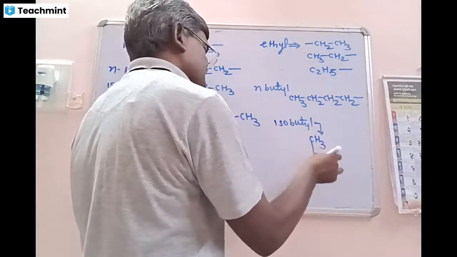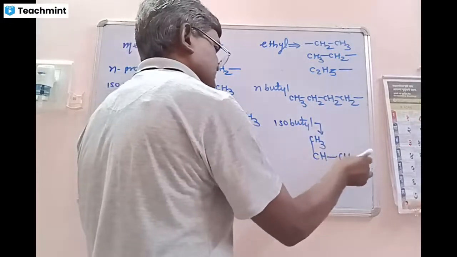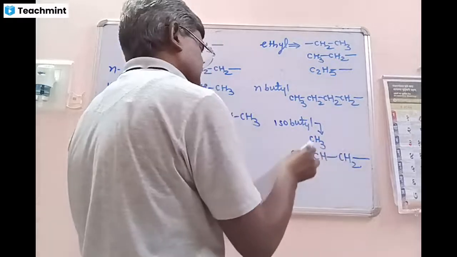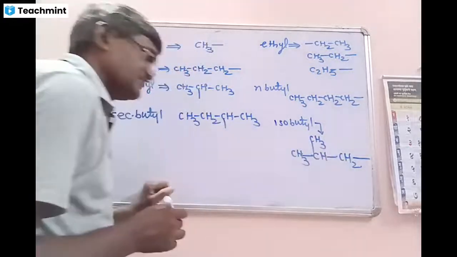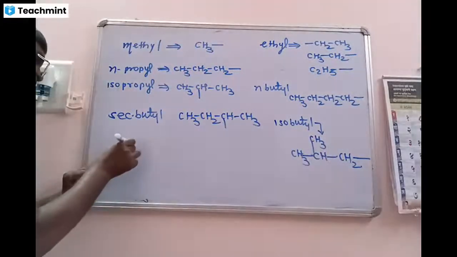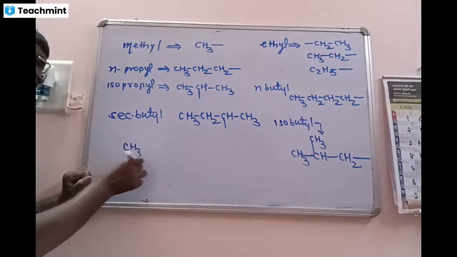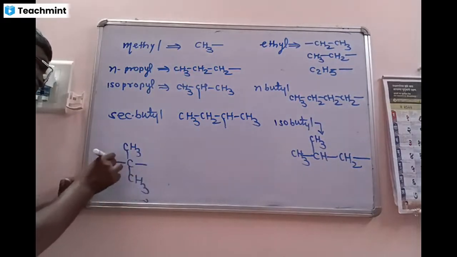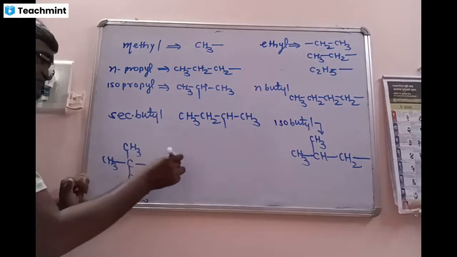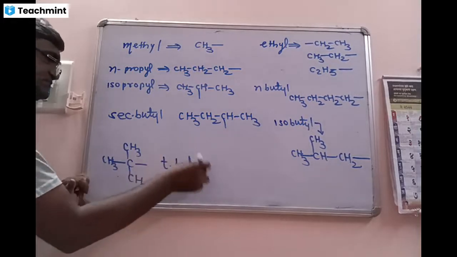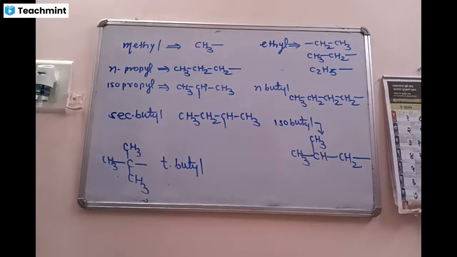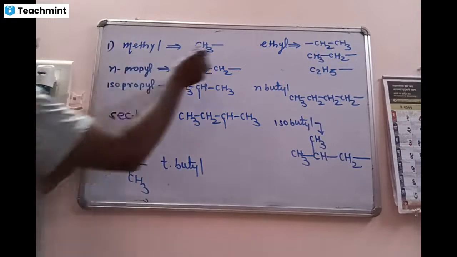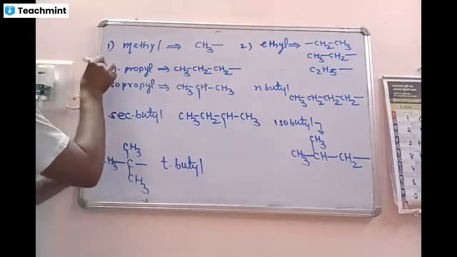This bond with this carbon. And the last one is... these are the 8 alkyl groups.